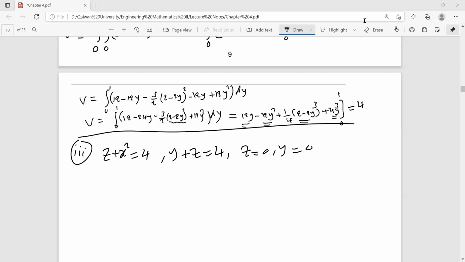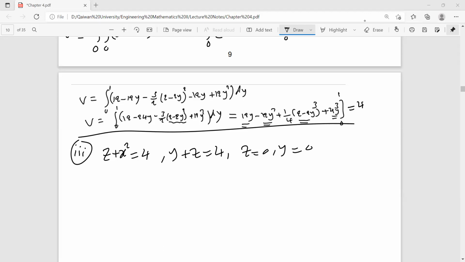We now have another example. It says find the volume of the solid which is bounded by these planes, these functions: z plus x squared equals 4, y plus z equals 4, z equals 0, y equals 0.